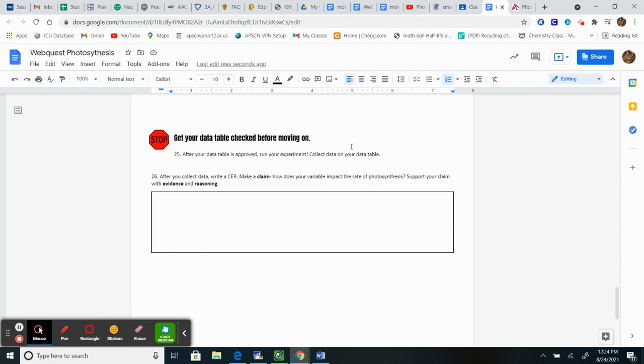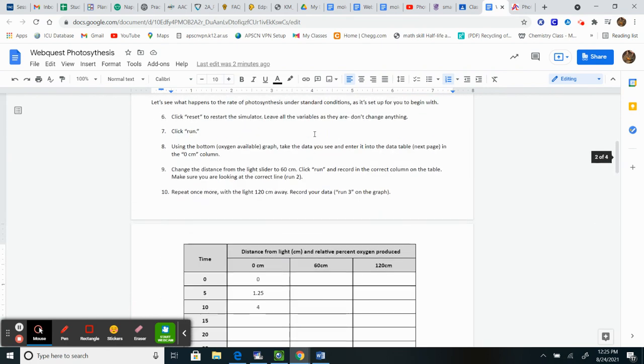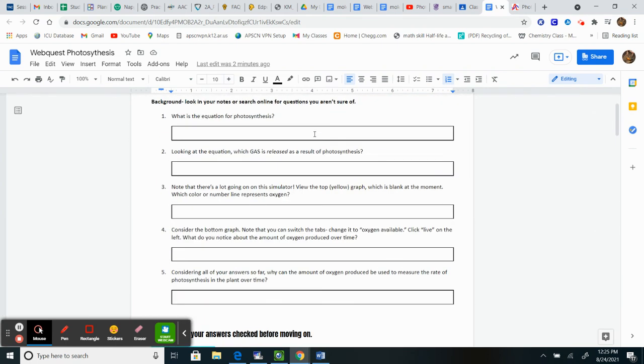If you want to make this very short and simple, all you need to do is type out a hypothesis, and explain using evidence why that hypothesis is correct. And that can be about a paragraph. If you have any questions, please let me know. But this web quest is all we're going to be working on today. Whatever you don't finish during class time, that will become homework.